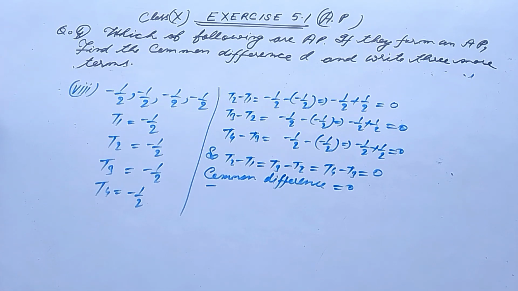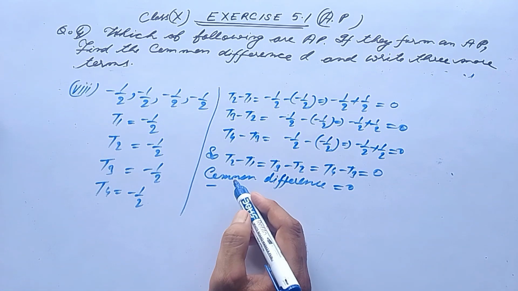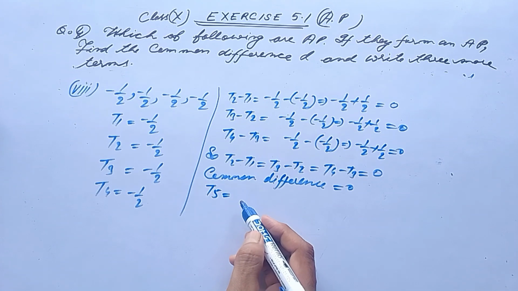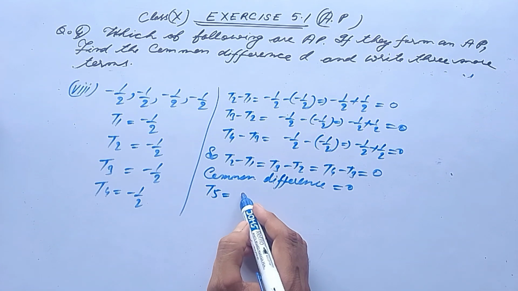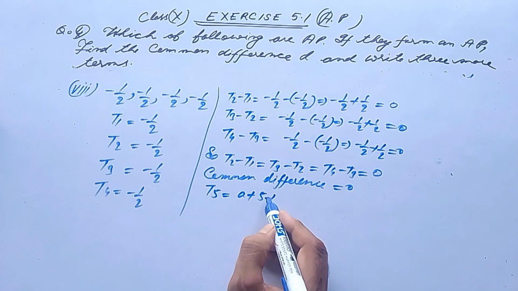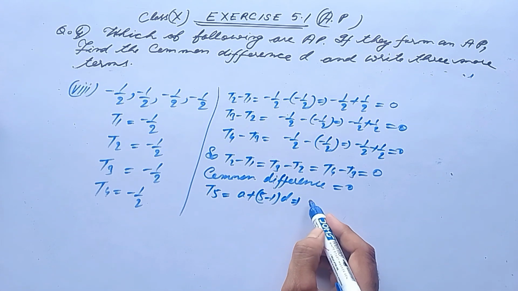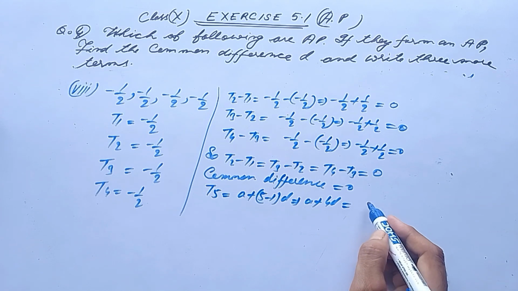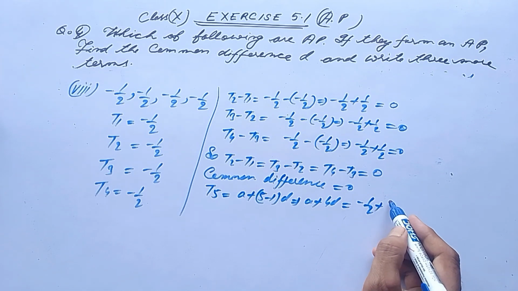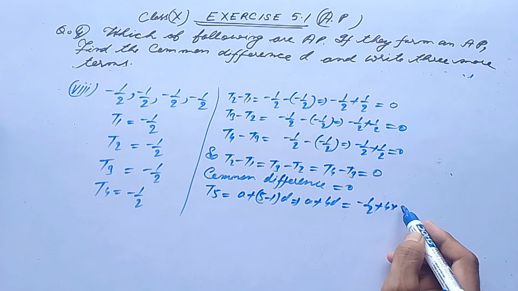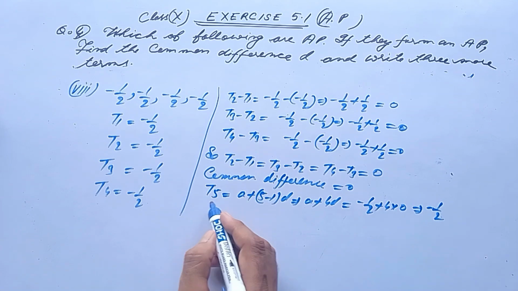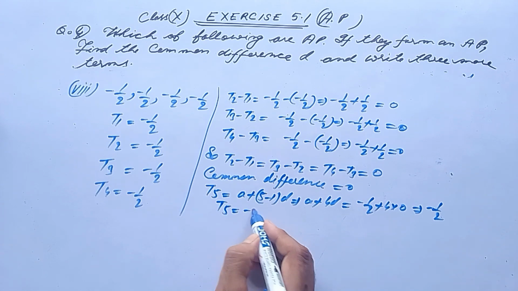T5 equal to A plus 5 minus 1 D, A plus 4D. तो A क्या है यहाँ पे -1/2, डिफरेंस कितना है 0, तो यह आ जाएगा -1/2. तो T5 क्या आ जाएगा -1/2.